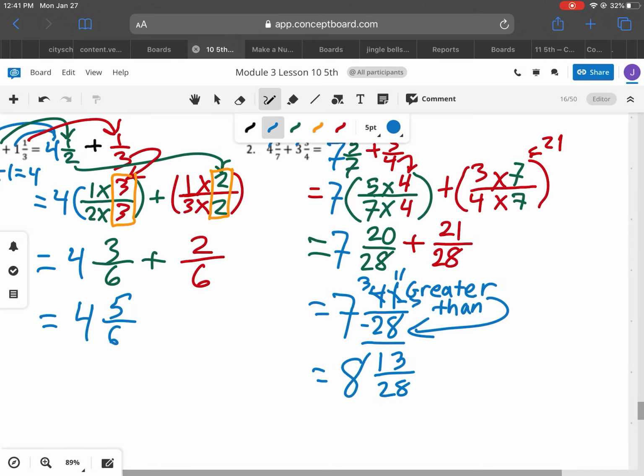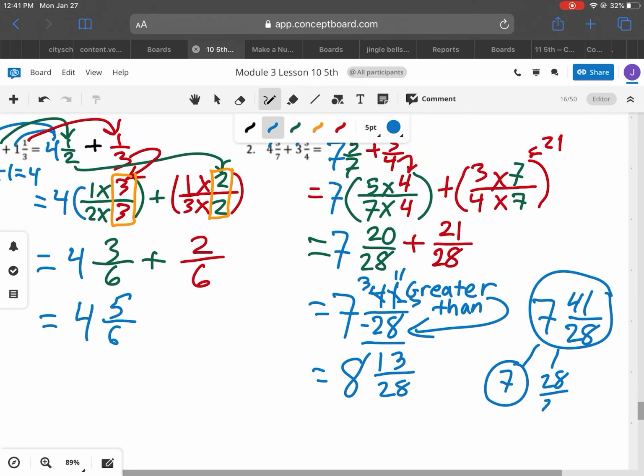And I'm going to add 1 over here. Some of you might be going, what? Wait, how'd you do that? Well, basically what I did is I took my 7 and 41/28ths and I decomposed it to 7 and then 28/28ths, which is equal to 1. And then what was left over?